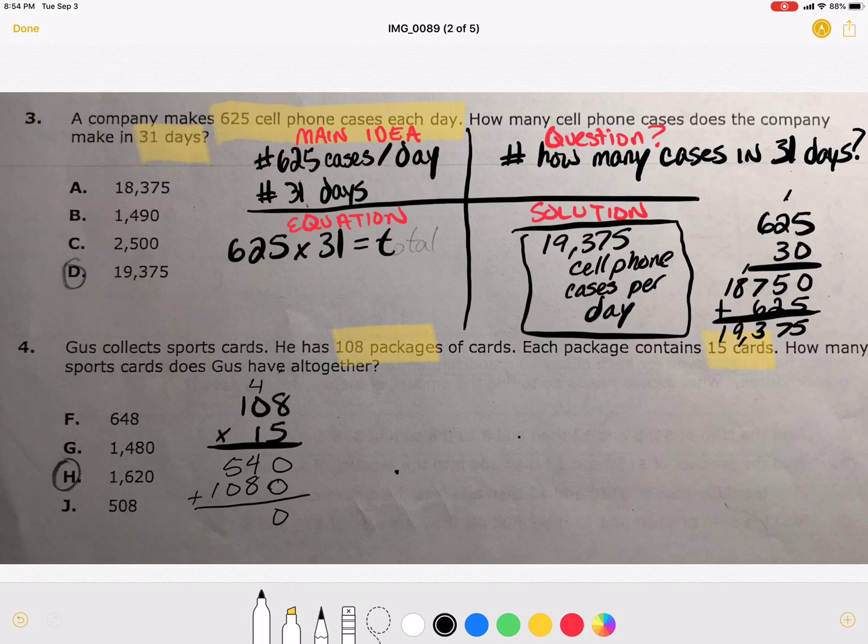Bring that down. 0, 0, 4 and 8 is 12. Carry that 1. 5 and 1 is 6. And then bring down the last one. 1,620 cards all together. Easy.